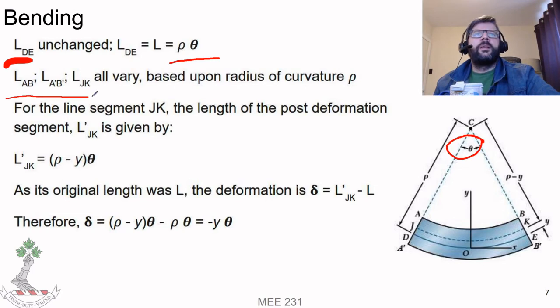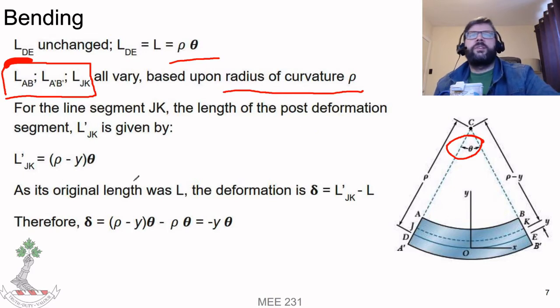And then the other lengths are going to vary, based upon the radius of curvature and upon the y distance.